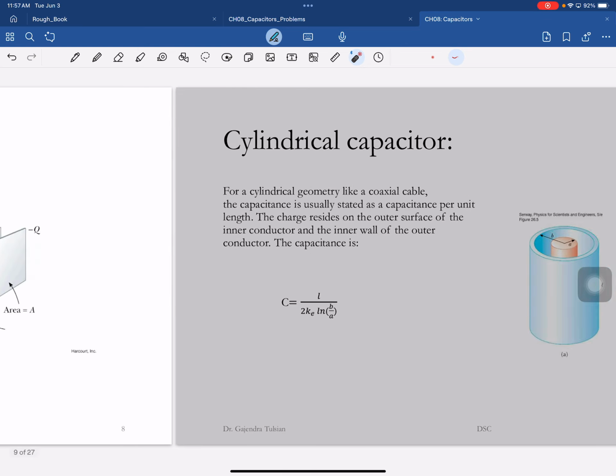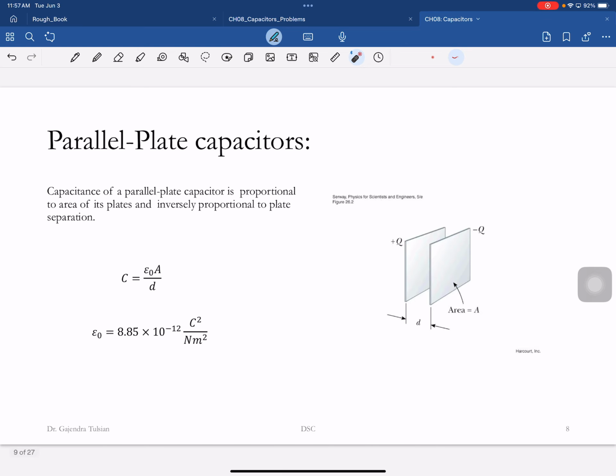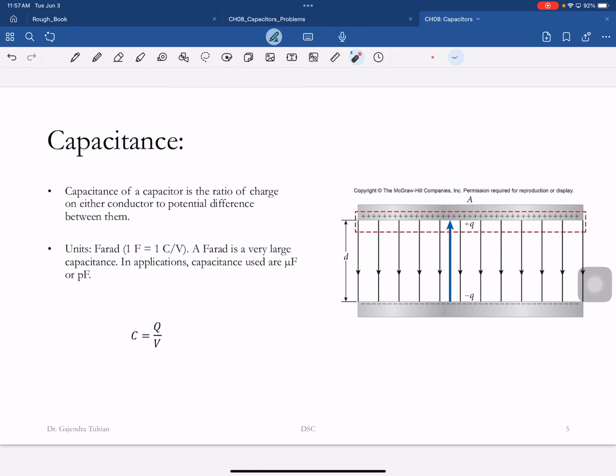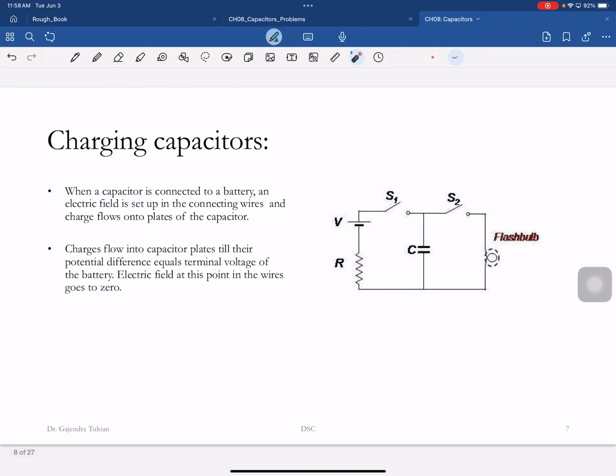And by the way, when you charge a capacitor, so let's go back. You see the charge resides on this surface, on the inner surfaces, and here. Remember, when you put charge on a metal, where does it reside? On the surface, okay? And so the charge is only on this surface and this surface.